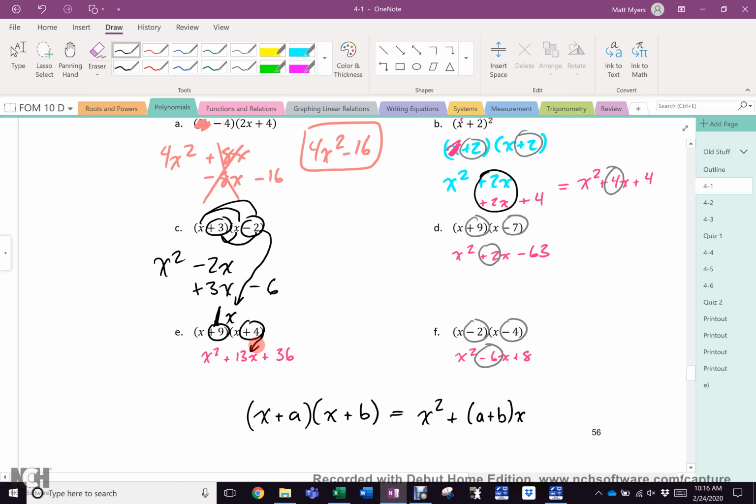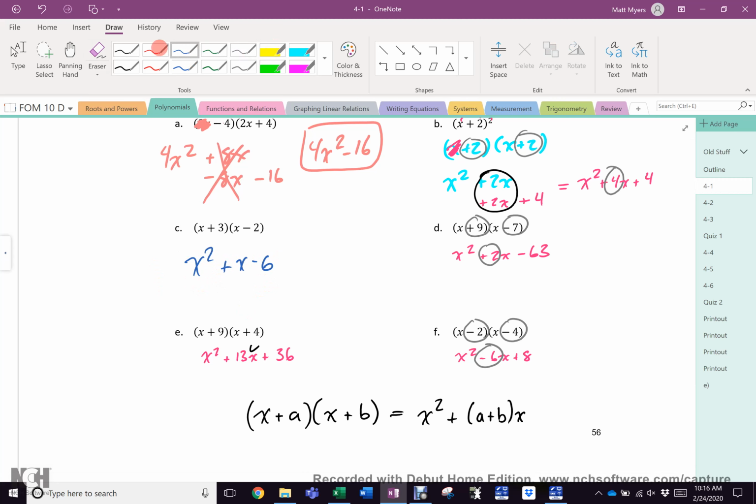Everybody cool? Okay, now, being the smart young people that you are, is there a relationship between 3, negative 2, and negative 6? 3 times 2 is 6.